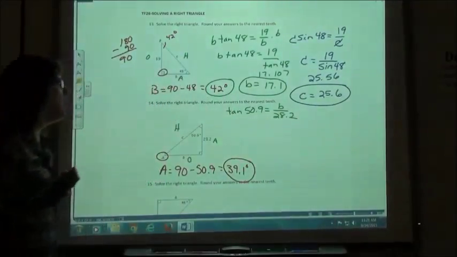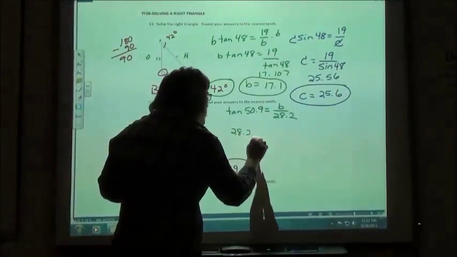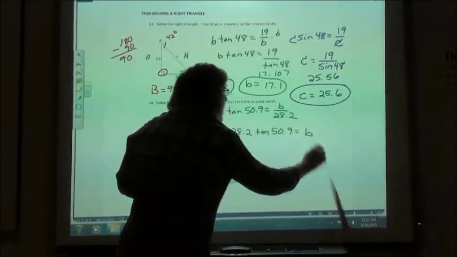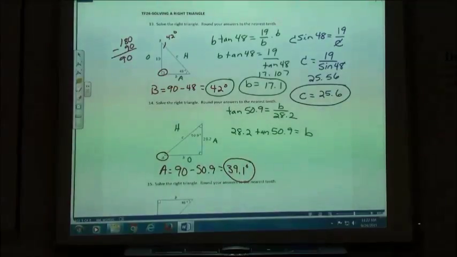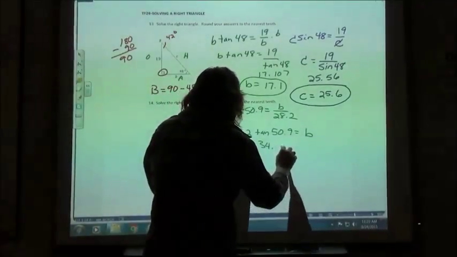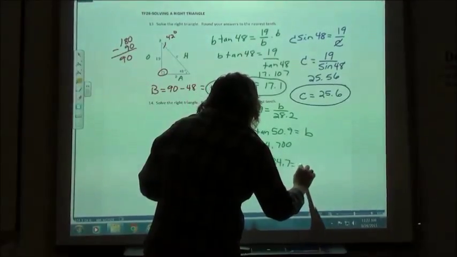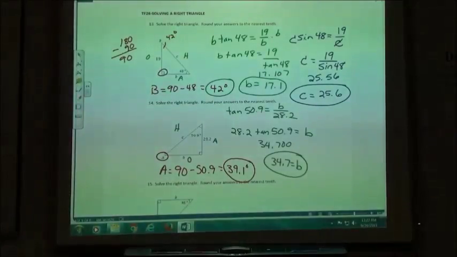So on this one, to solve for B, we just end up having to multiply by the 28.2 times the tangent of 50.9, and we can find our answer for B then. So 28.2 times the tangent of 50.9 gives me 34.700, and so 34.7 is going to be my answer for side B.